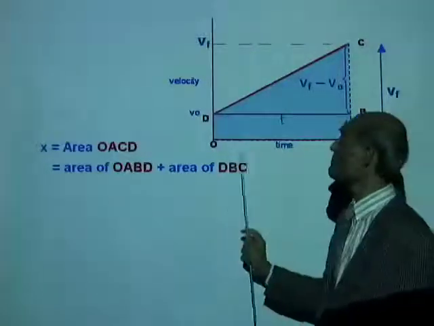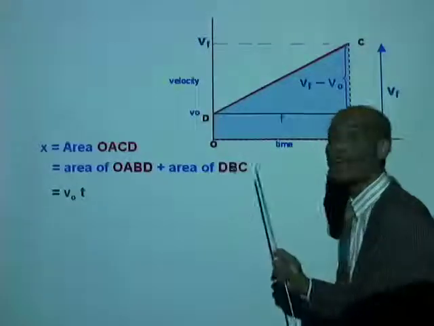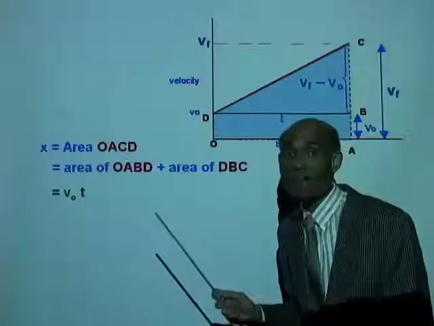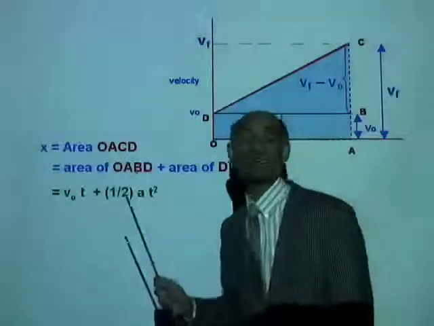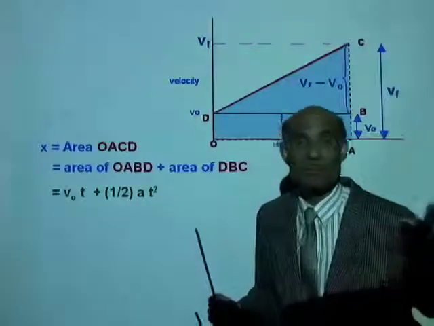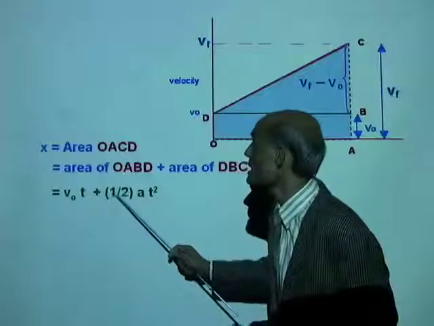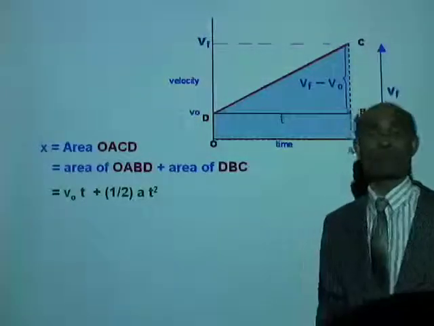V0 multiplied by t plus, what is the area of the triangle we just obtained? 1/2 AT squared. And again, look at another beautiful equation. X equal to V0t plus 1/2 AT squared.